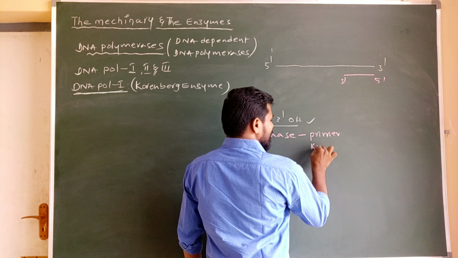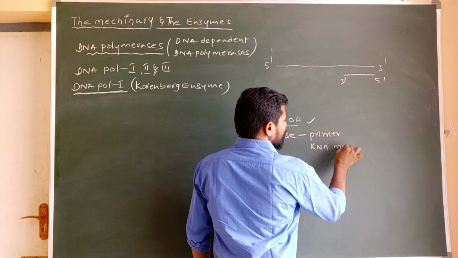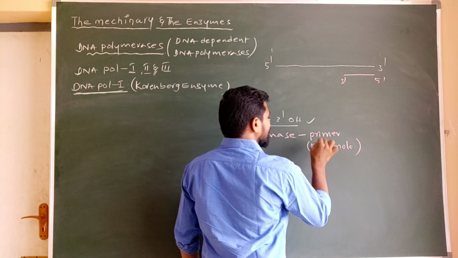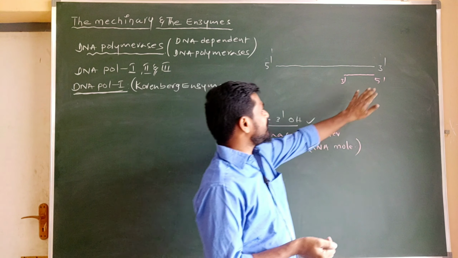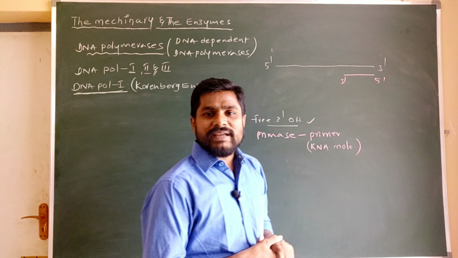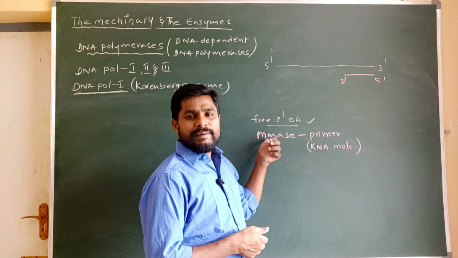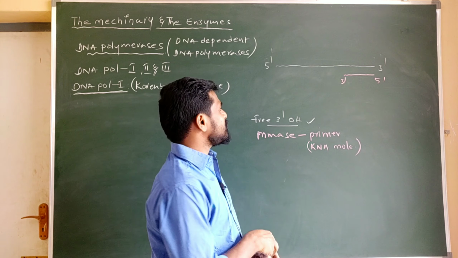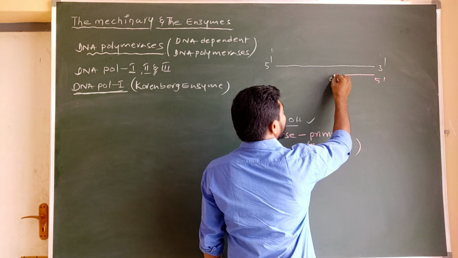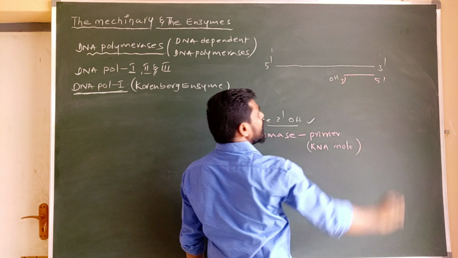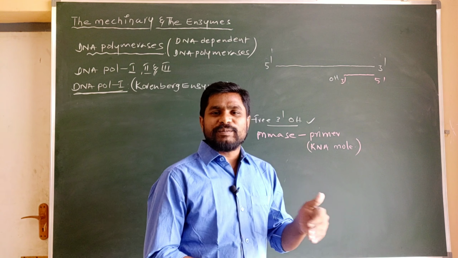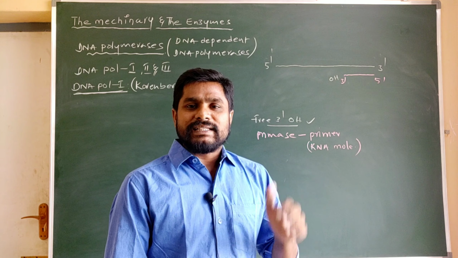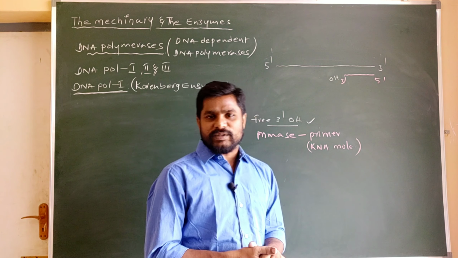The primer is a single-stranded short stretch of RNA molecule which is synthesized in 5' to 3' direction by the action of primase. So the primase is providing a free hydroxyl group at a 3' end. This is what DNA polymerase 3 requires for the initiation of the replication process.